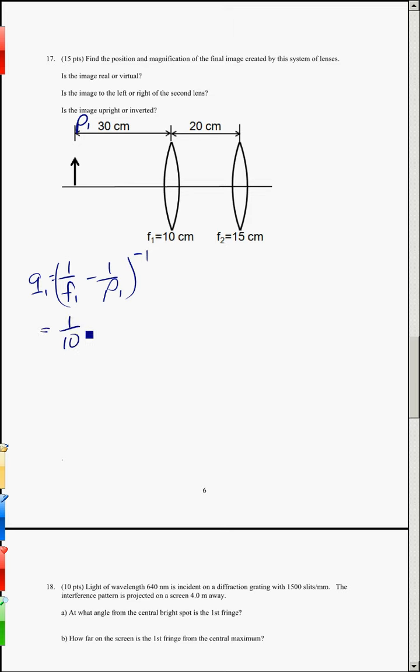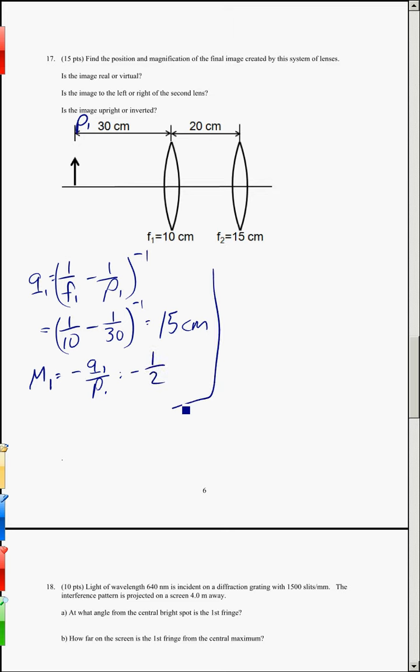I have 1 over 10 minus 1 over 30. That's 3 over 30 minus 1 over 30, that's 2 over 30, inverted, so that's 15 centimeters. Let's calculate my magnification. It's negative 15 over 30, negative 1/2.